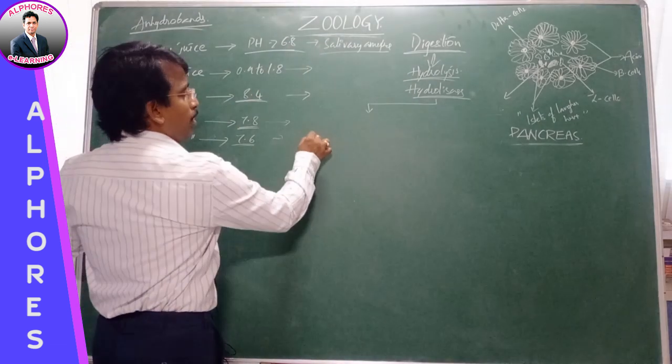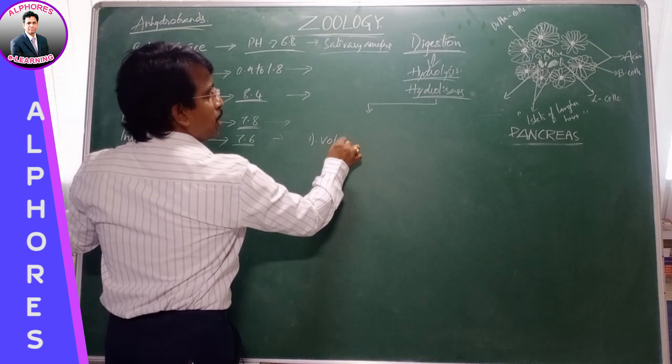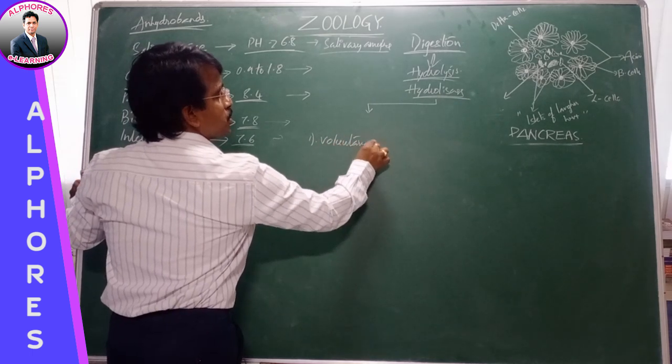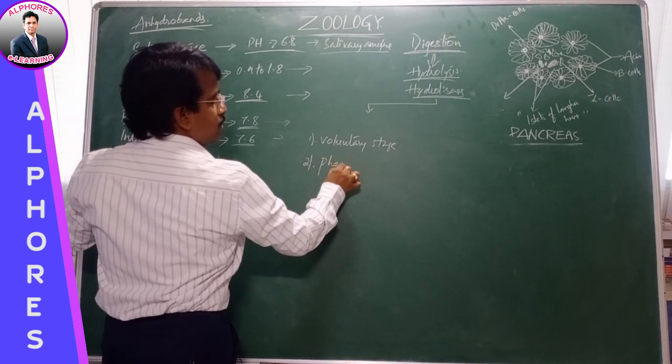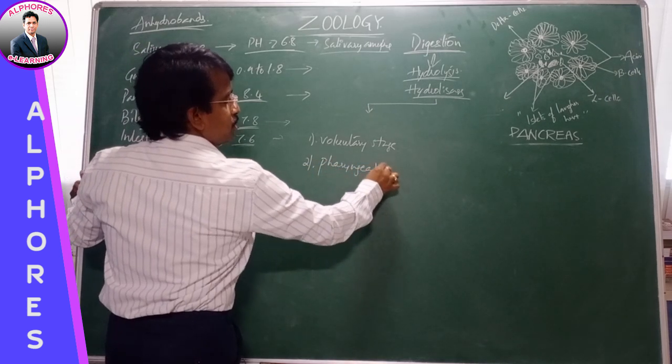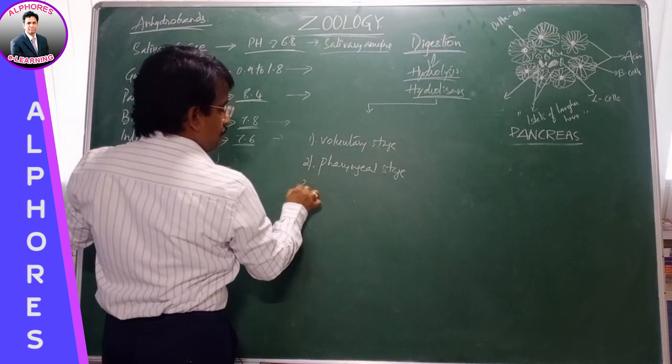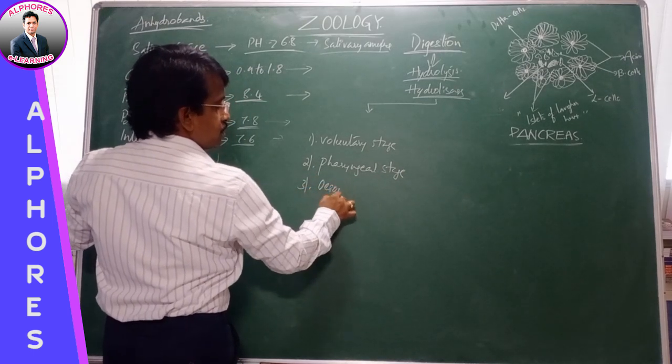Deglutition involves the voluntary stage, the pharyngeal stage and the esophageal stage.